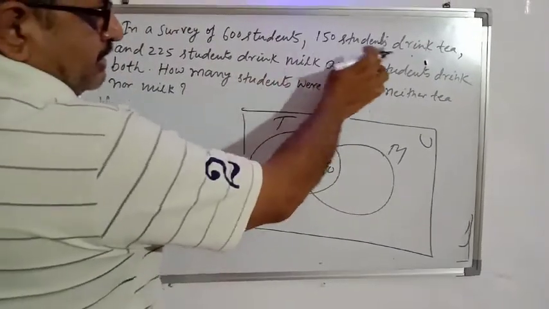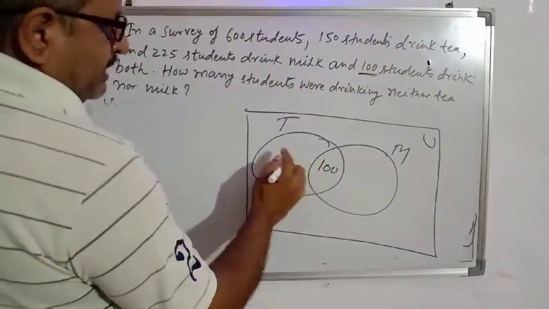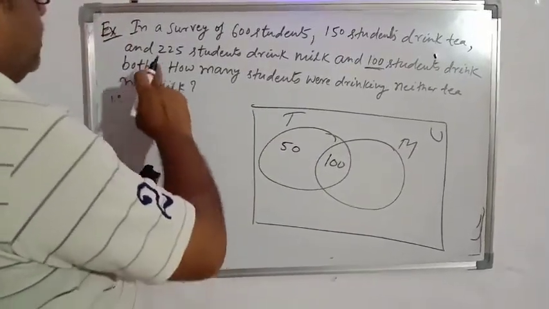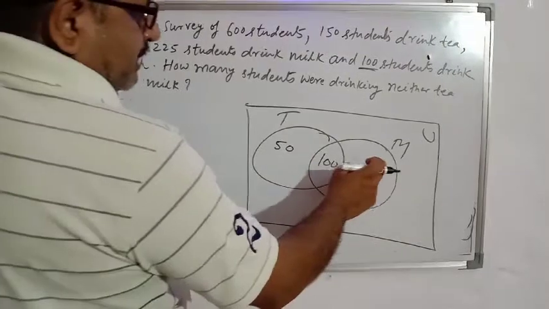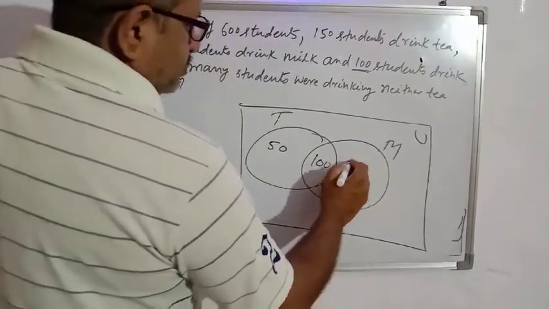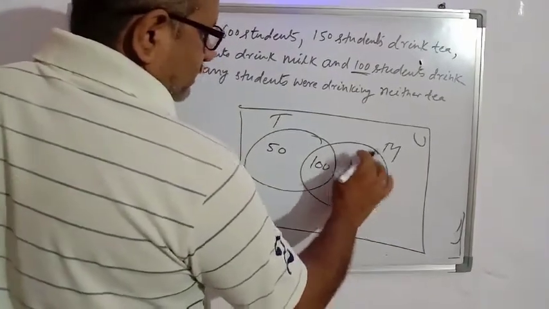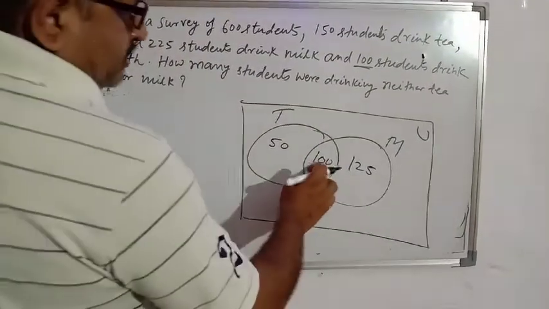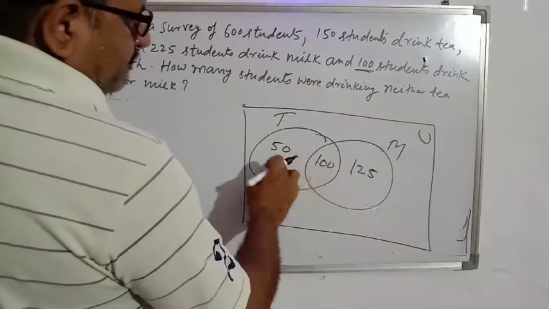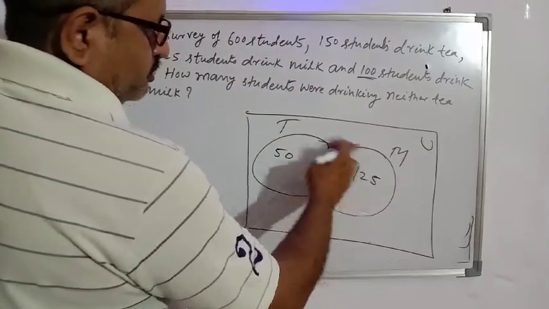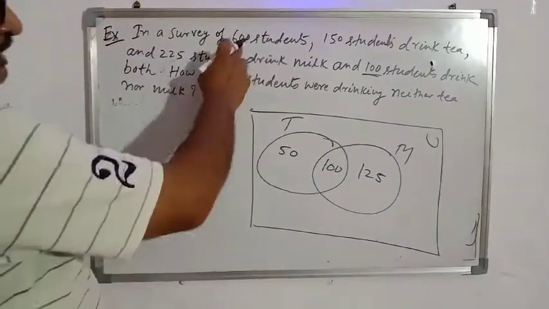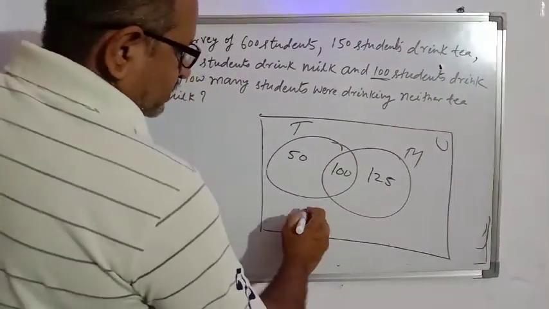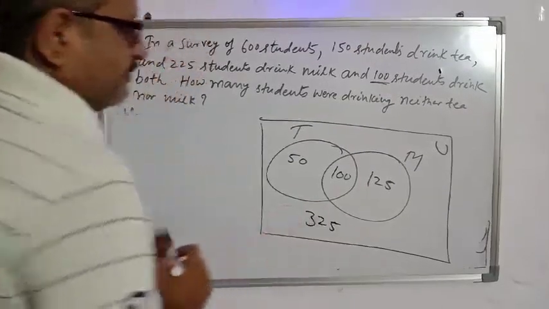Total students taking tea are 150, 100 is already written, so 50 remains, and we write 50 in this part. 225 students take milk, 100 is already written, so we write 125 in this region. Total so far is 100 plus 50 is 150, plus 125 is 275, and total students are 600. So the remaining students lie in this region, 325.